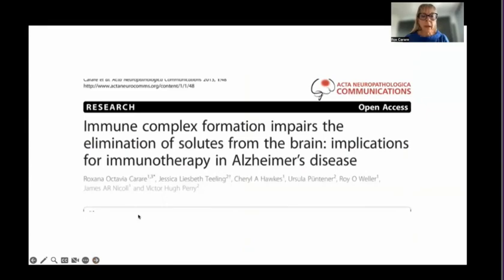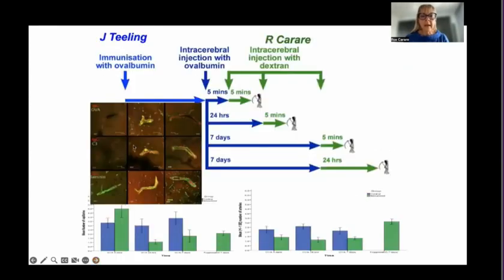And experimentally, what we have noticed is that immune complexes of antigen and antibodies form in the gray matter, and they form at 24 hours after the injection of the antigen in the gray matter.